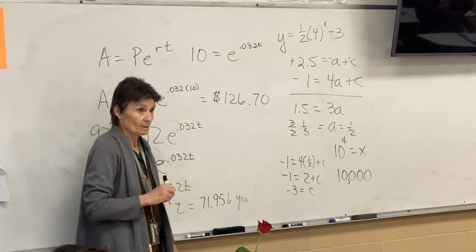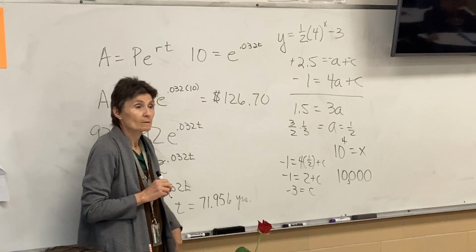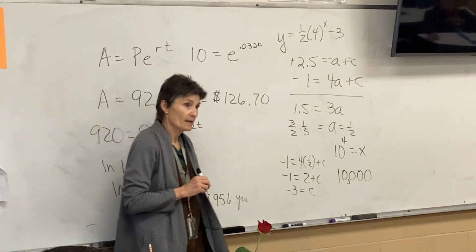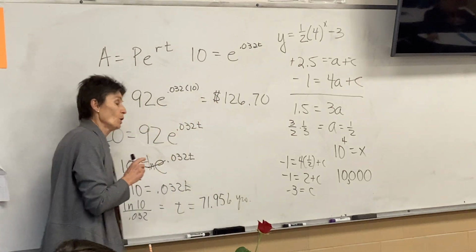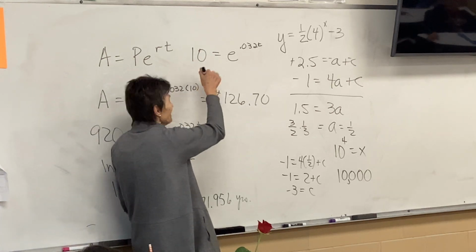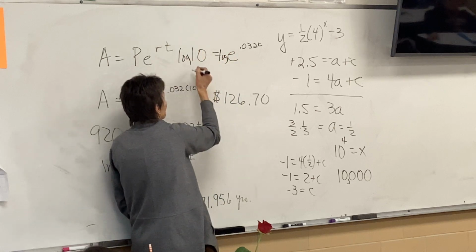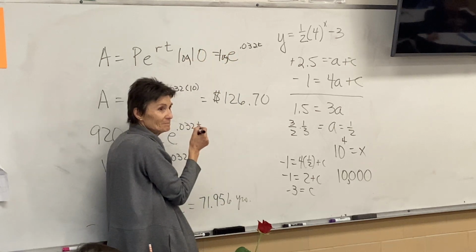Do you get the same answer if you do log instead of ln? Absolutely. Actually, Raina, because this is a 10, if you took log of both sides, this will cancel and just make 1.